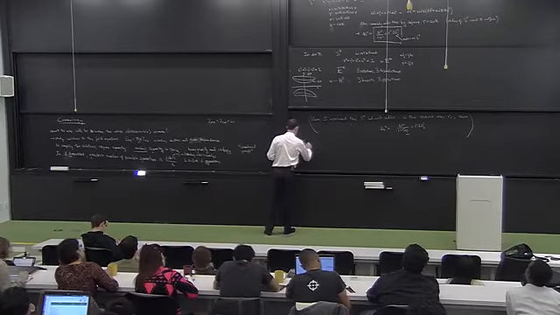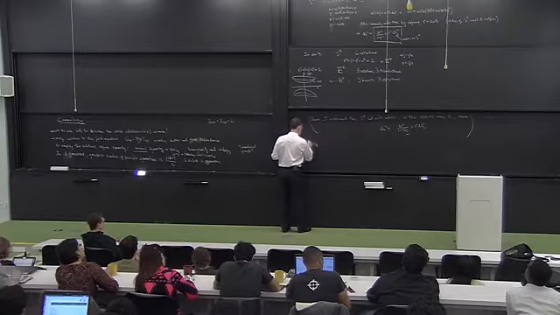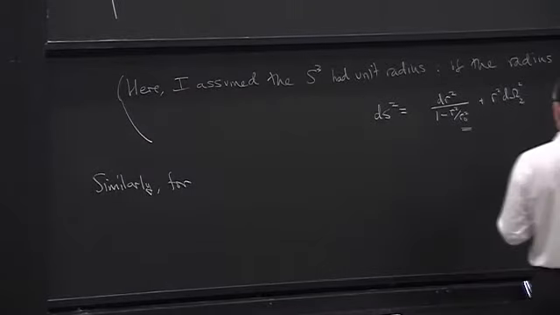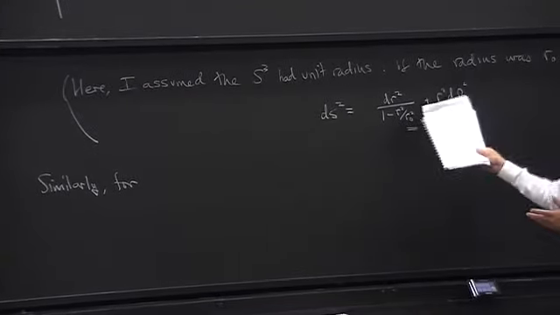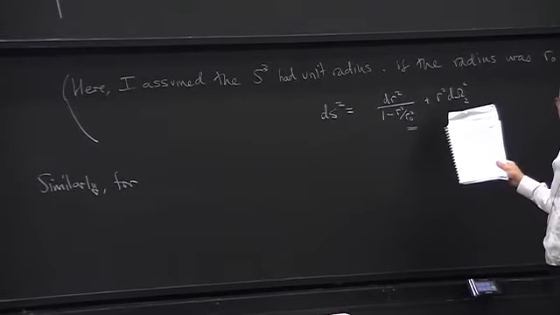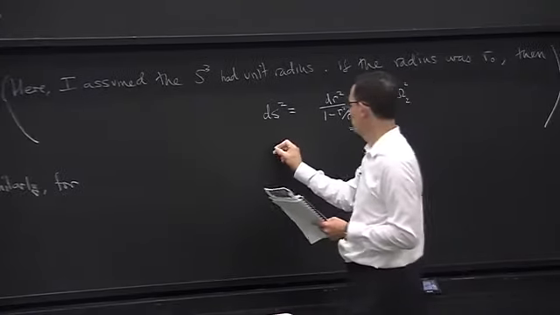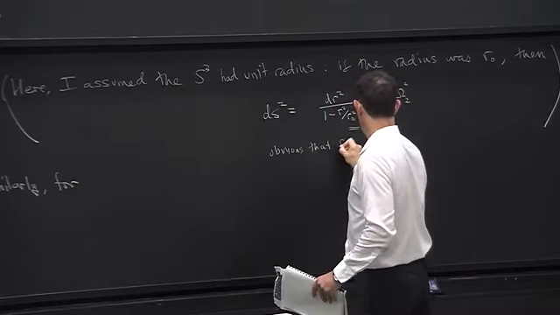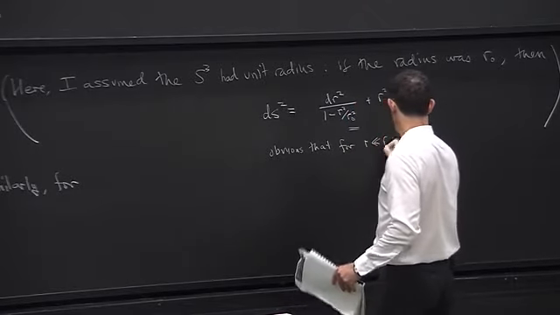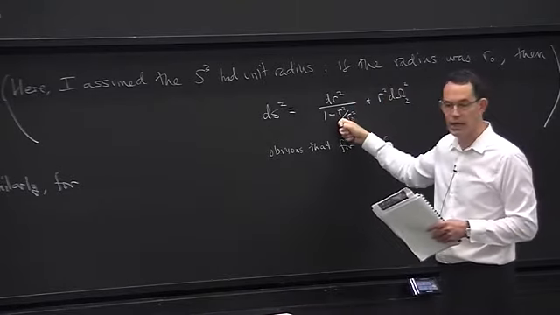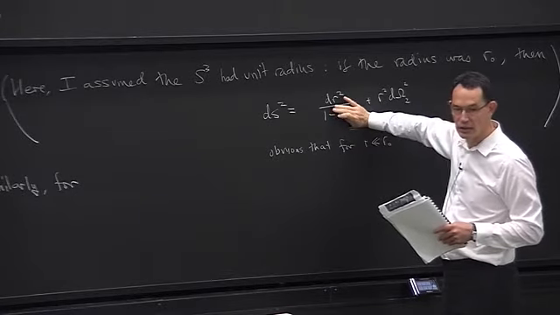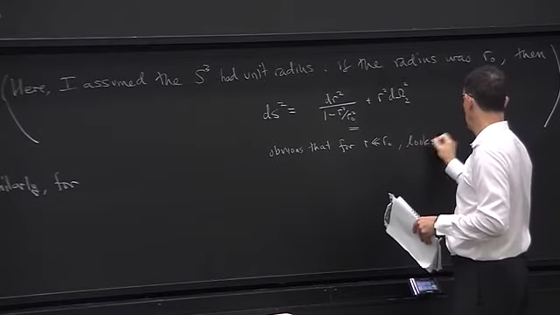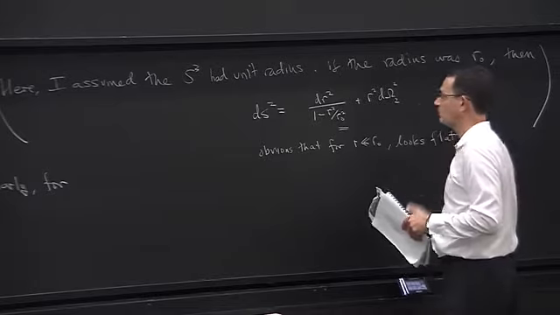What is obvious in these coordinates is that for r much less than R0, for distances much smaller than the radius of the sphere, you can ignore this factor, and then it looks flat.